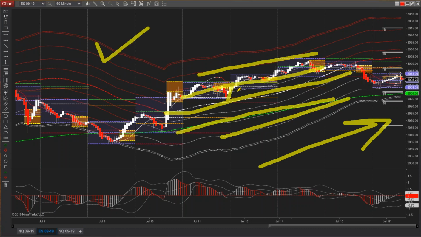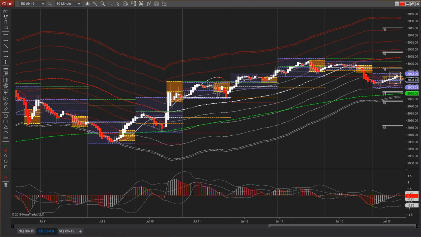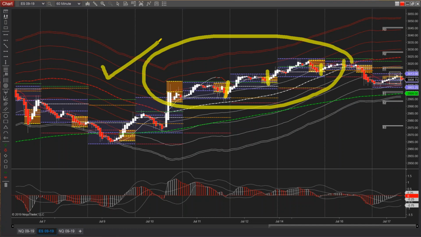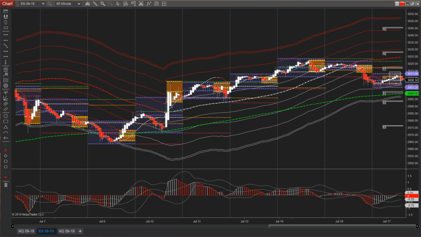And then I'll look to make these entries on these pullbacks during this condition. So that's your ideal setup, very simple.